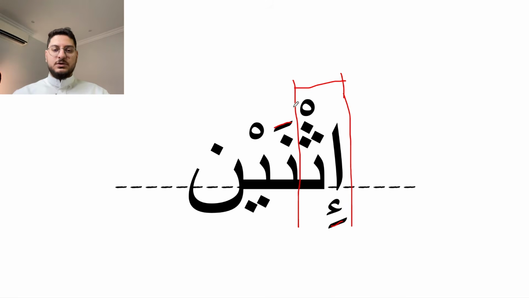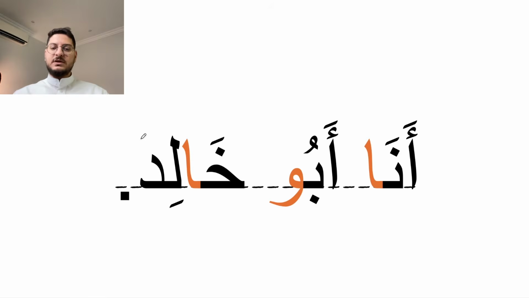Awesome. The second syllable, we have nain. So here we have the ya, but the ya doesn't have any vowels, no fatha, no kasra, no dhamma, so it's just e. So this is nain. So the whole word is ithnain, and ithnain means Monday. Ithnain.